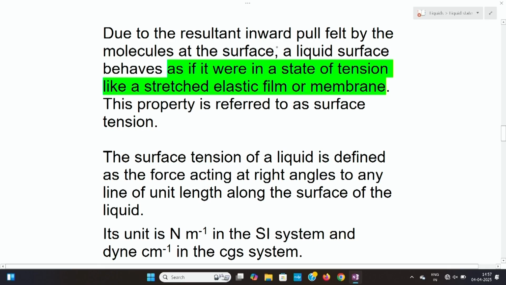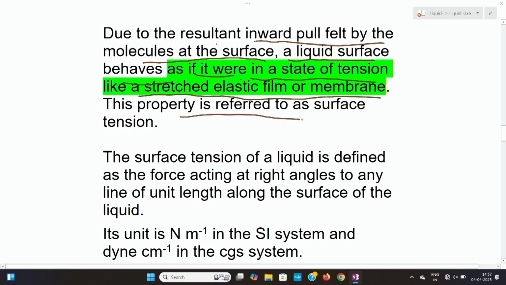That is the definition of surface tension. Due to the resultant inward pull felt by the molecules at the surface, a liquid surface behaves as if it were in a state of tension, like a stretched elastic film or membrane.